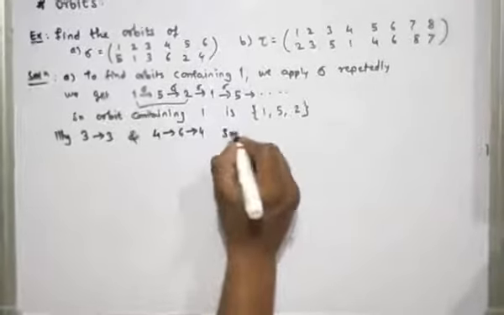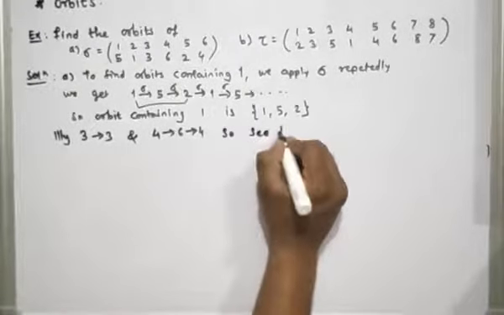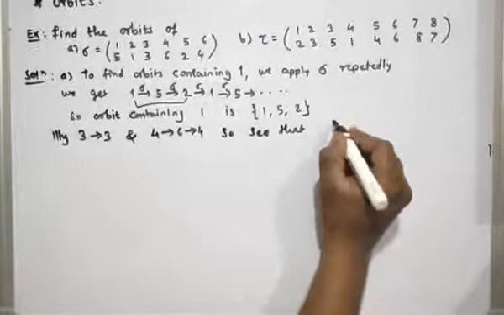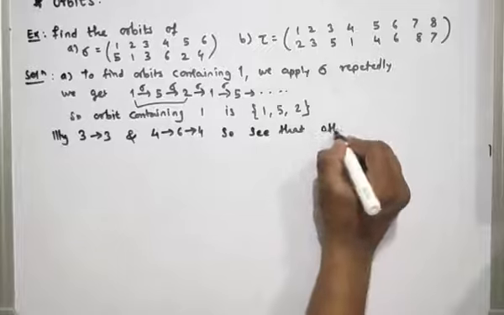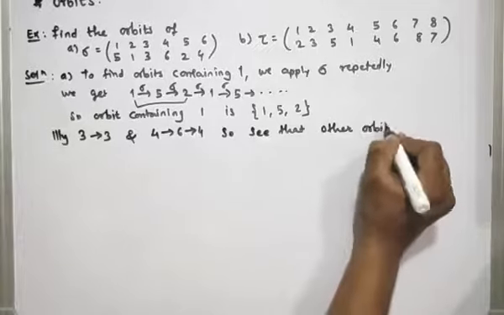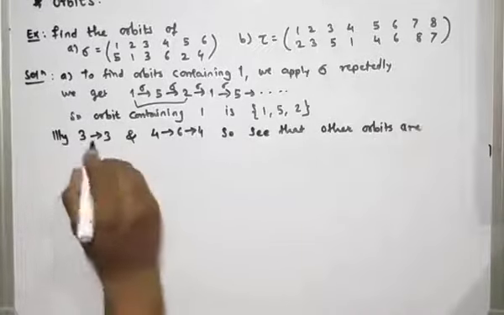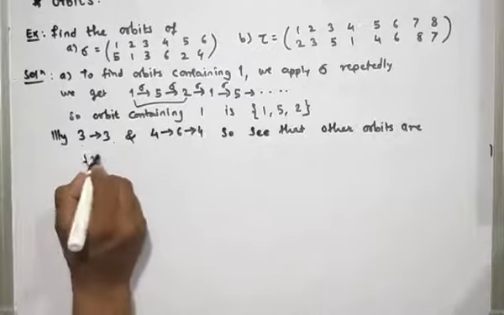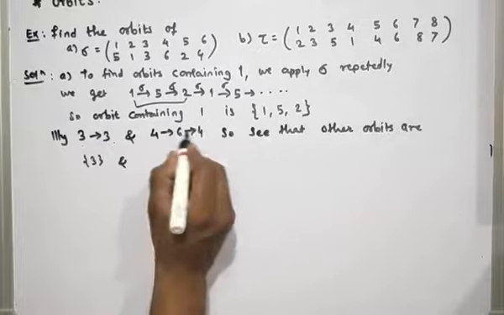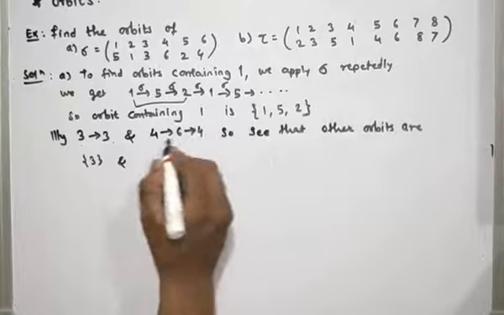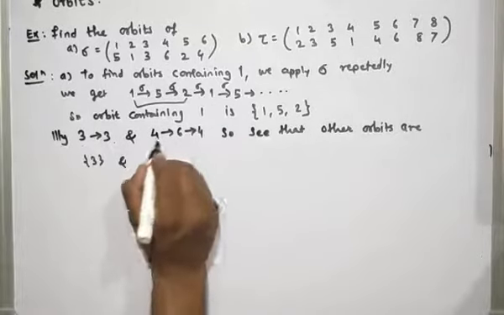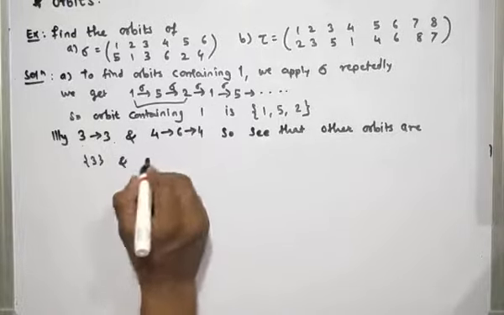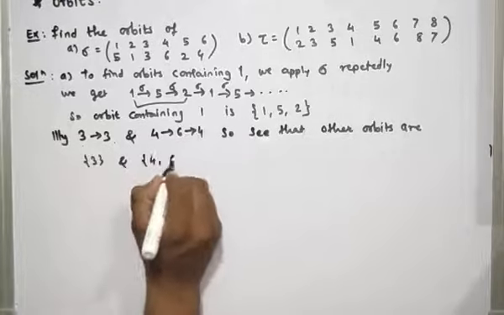The other orbits are: 3 goes to 3, singleton 3, and 4 goes to 6, 6 goes to 4, here repetition started. So the only different elements are 4 and 6.